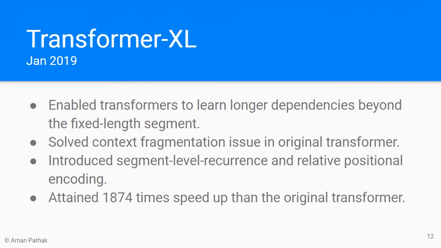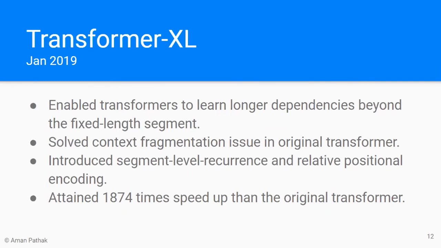The problem of context fragmentation was that the information flow between the segments of the document was not being captured, because sentences exceeding the maximum sequence length, which is 512 tokens in the original transformer, were not being dealt with. So the information flow between segments of the same sentence was broken, and this hurt the performance.